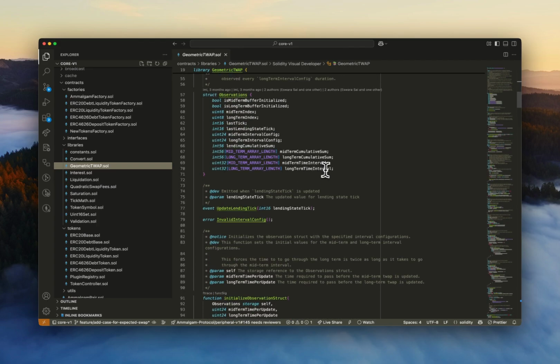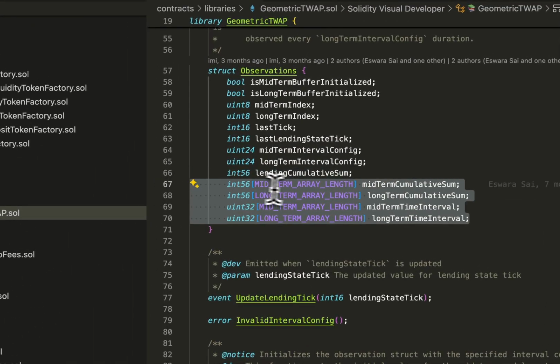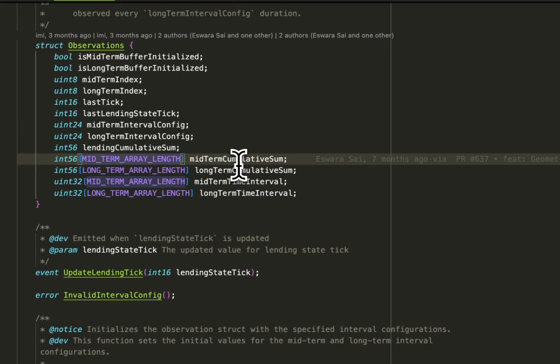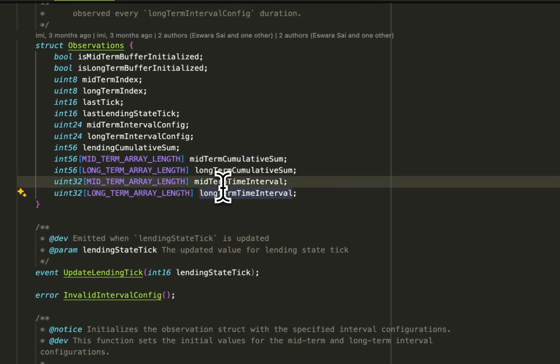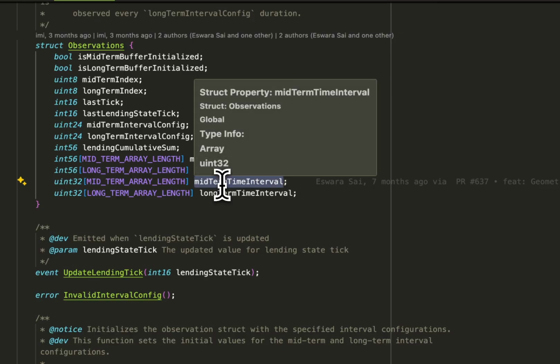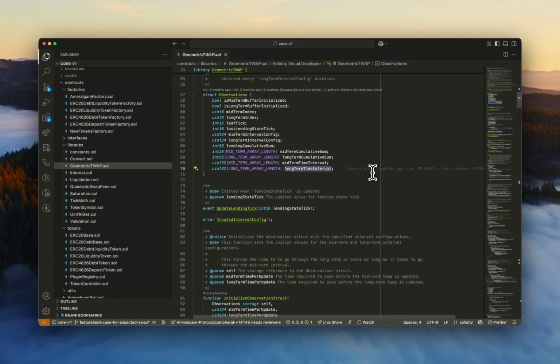So there are these two arrays, one for the midterm cumulative sum and the midterm time interval, and then one for the long-term cumulative sum and the long-term time interval. So what we do with these two TWAPs and the current price and the last block price, those four price values, we create a min and max price.